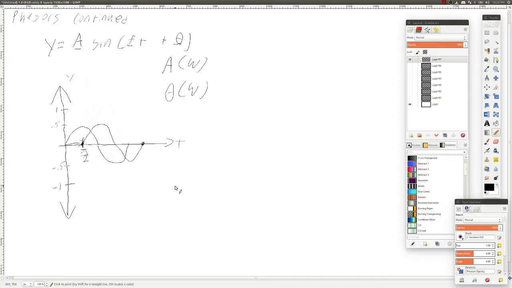So phasors allow us to do this, I'm not going to say easily because it's still tricky, but they give us an easier way to deal with it. What we do is analyze things in terms of complex numbers. If you remember impedances again, Z as a function of omega is equal to R plus jX. These are x and y coordinates.